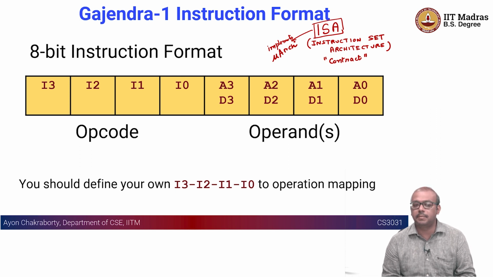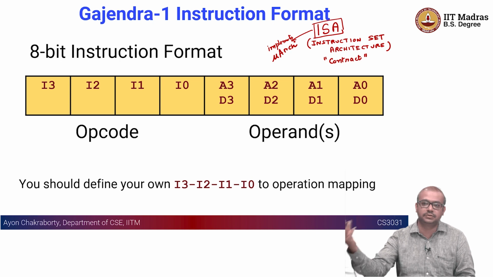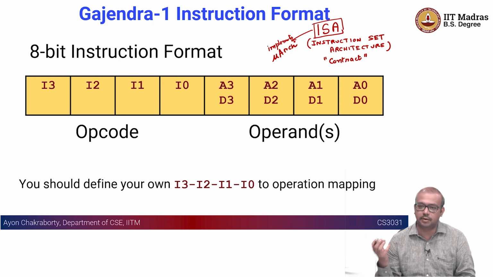Somebody can have an efficient implementation, some other implementation might not be that efficient, and so on. Similarly, ISA is something that is exposed to the programmer or the software world. Microarchitecture is an instance of realizing that ISA on a specific design. It's a specific design.